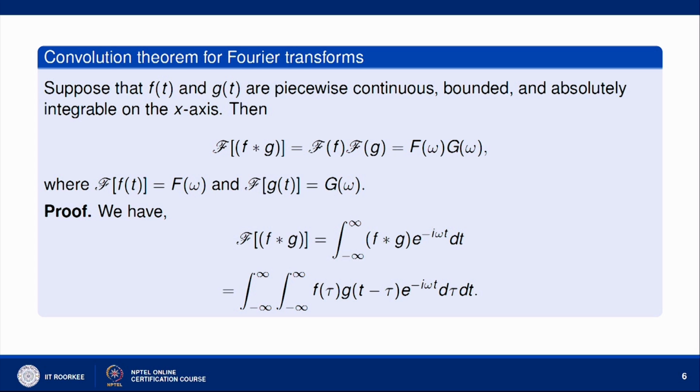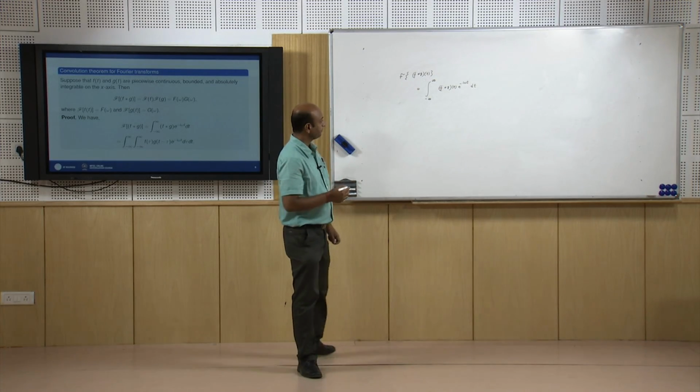So, basically we want to find out the Fourier transform of f star g. By definition it is nothing but the integral from minus infinity to plus infinity of the convolution of these functions into e to the power minus iωt dt. This is by the definition of Fourier transforms: the Fourier transform of a function f(t) is given by the integral from minus infinity to plus infinity of f(t) e to the power minus iωt dt.